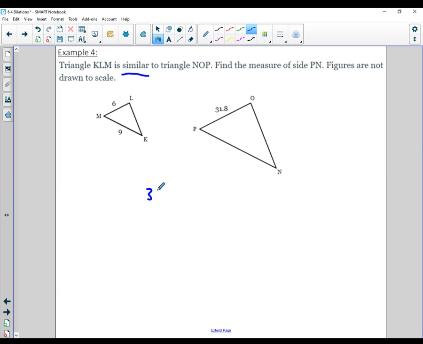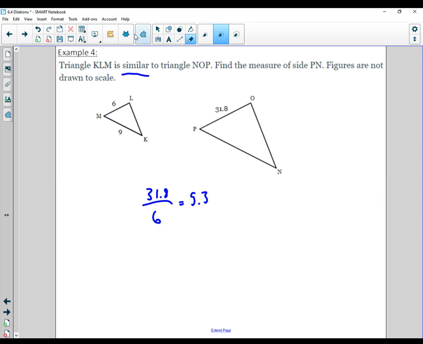And to find that out, you simply divide the numbers, right? So 31.8 divided by 6, I will go to my calculator and do 31.8 divided by 6 and get 5.3.